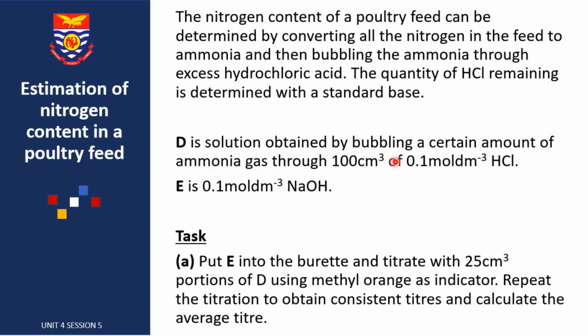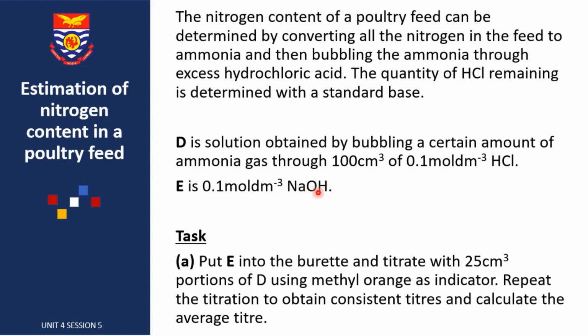Some of this concentration will be consumed by the reaction between the HCl and the ammonia. The ammonia is going to consume some of this concentration. So the excess, or the leftover, is what would react with the sodium hydroxide.